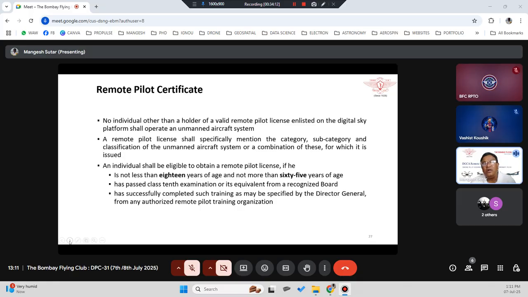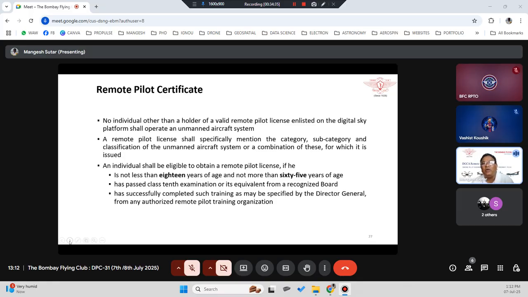If it is not online, initially we may give you an offline license, and later your license will be converted to an online license. So don't worry about which license you get. I will be processing it on your behalf. If I am able to get it online, very good. If not, definitely you will get an offline license, which will later be converted to online.